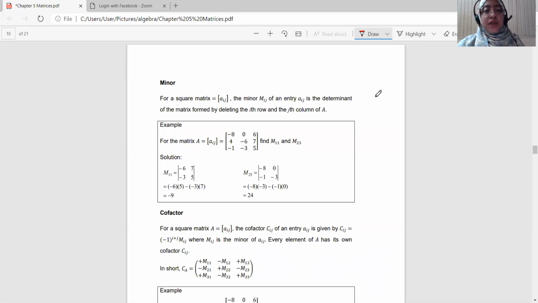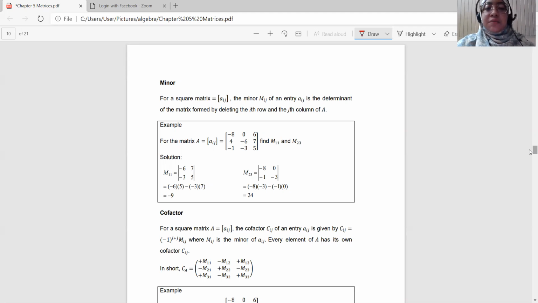Okay, what is a minor? For a square matrix, the minor Mij of an entry Aij is the determinant of the matrix formed by deleting the i-th row and the j-th column of A. So the step is still the same as how to find the determinant. But we have to find the minor, cofactor and adjoint for every term in the matrix if we want to find the inverse matrix.